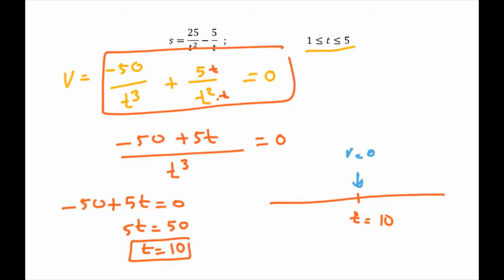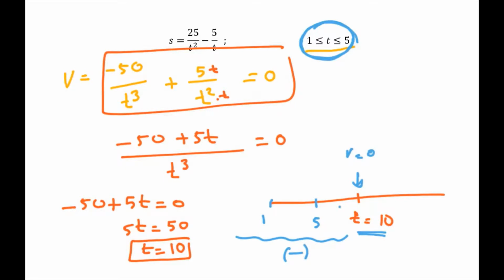Now we need to study the sign before 10 and after 10. But there is something in here. If I take 10, basically this is outside my interval, right? Because my interval was between 1 and 5, and 10 comes right after. What was the sign here? If I substitute by 1, remember we substituted by 1, and we got a negative sign here.